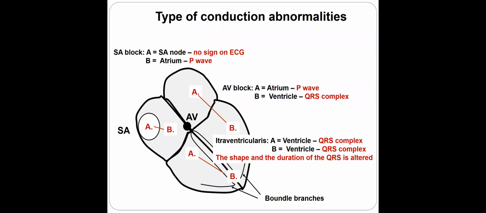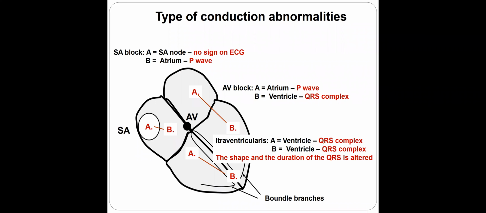Now, let's talk about the type or the location. The location can be, where do we have conduction? We do have conduction between the SA node and the atrium. If you look at the SA, do we have any ECG sign of the SA activation?